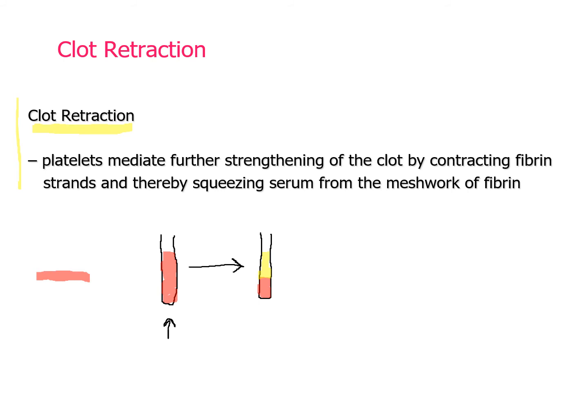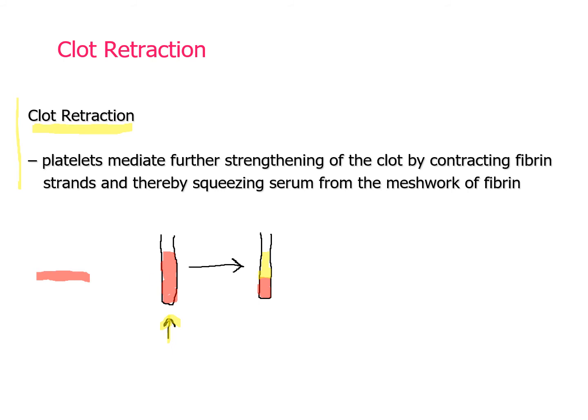A clot formed here, and with time you got clot retraction. That's a process happening in the body to strengthen that blood clot so that it remains strong and prevents any further bleeding.